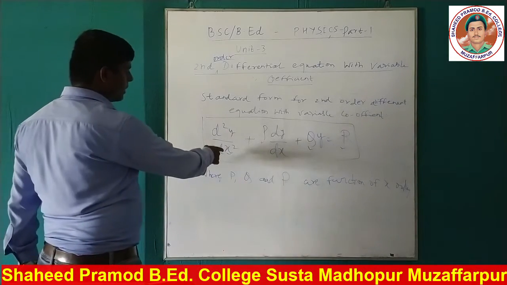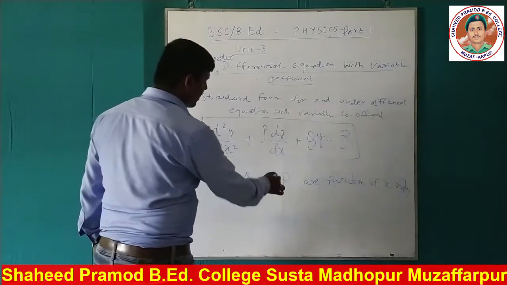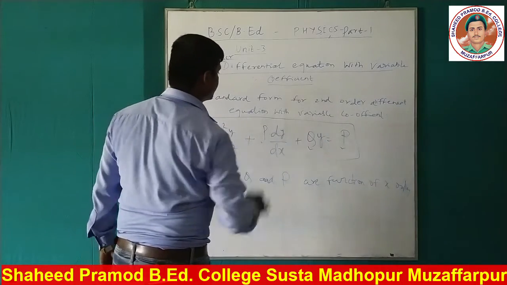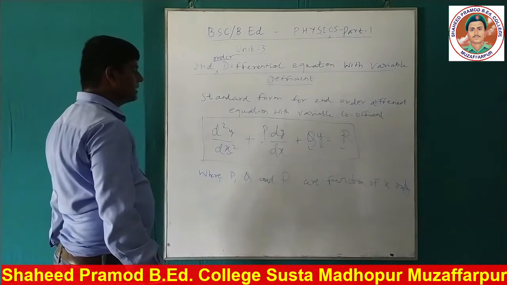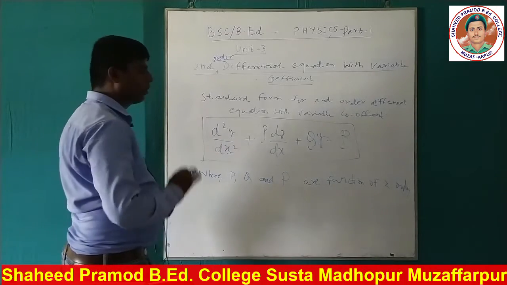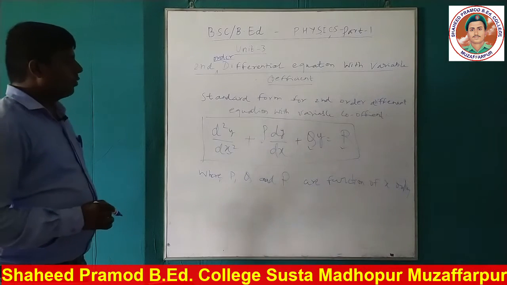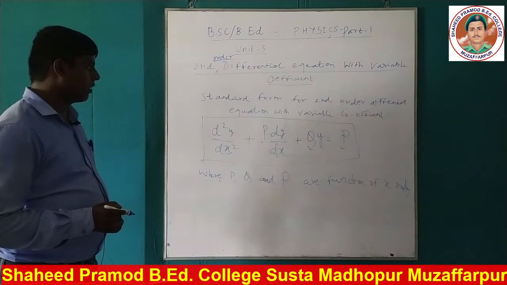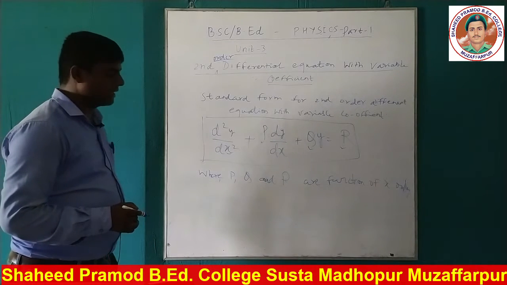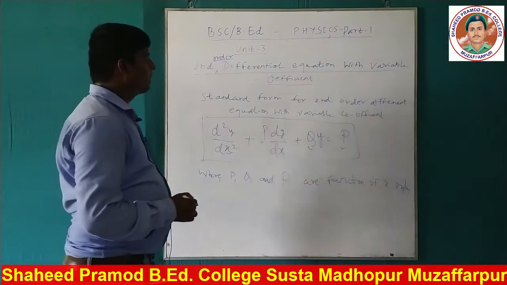So x is called the independent variable and y is called the dependent variable. So p, q and r, which are the coefficients of this equation, are functions of x only, not of y.